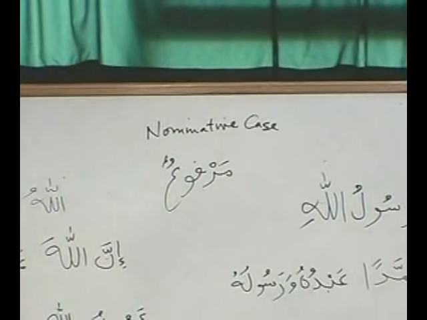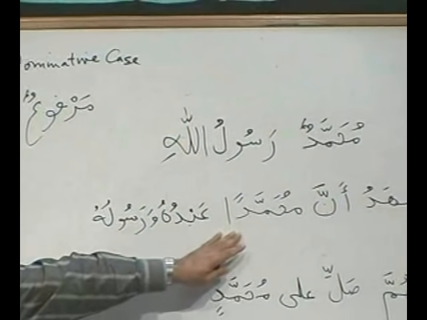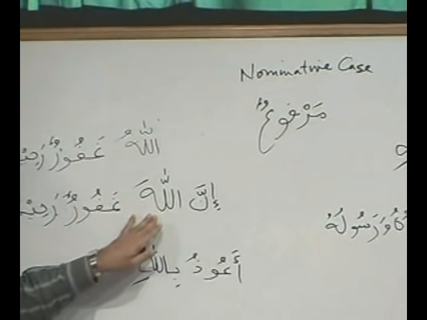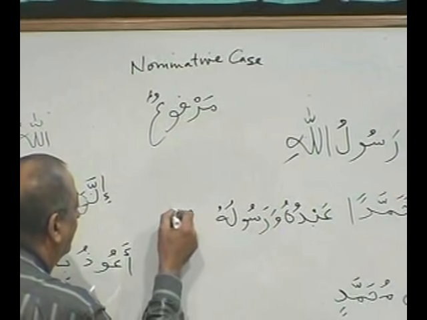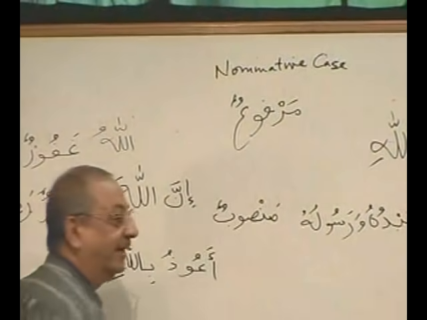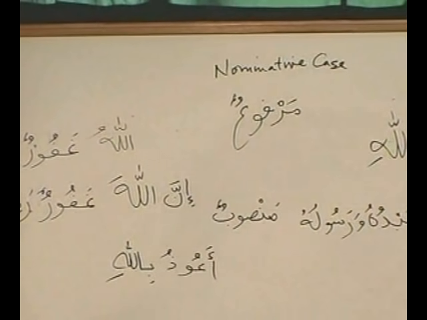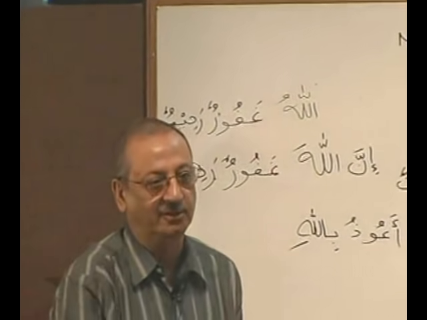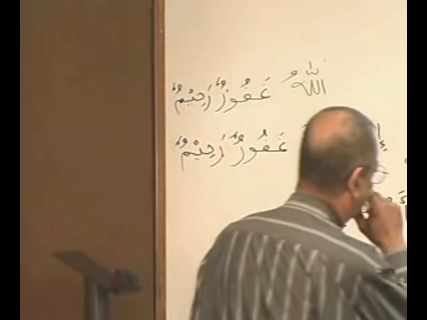Now if the noun ends with a fatha, be it a tanween or a single fatha at the end of a noun, then we say it is mansoob. What do we call it in English? Either you call it objective case or accusative case.